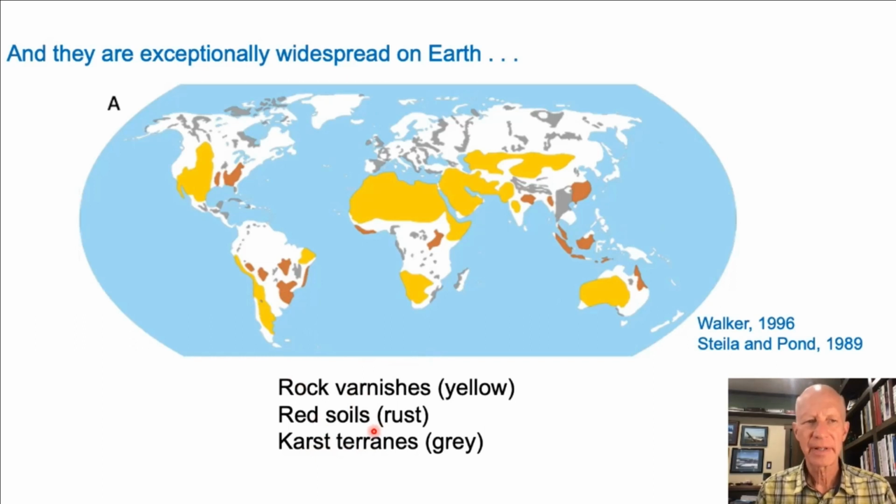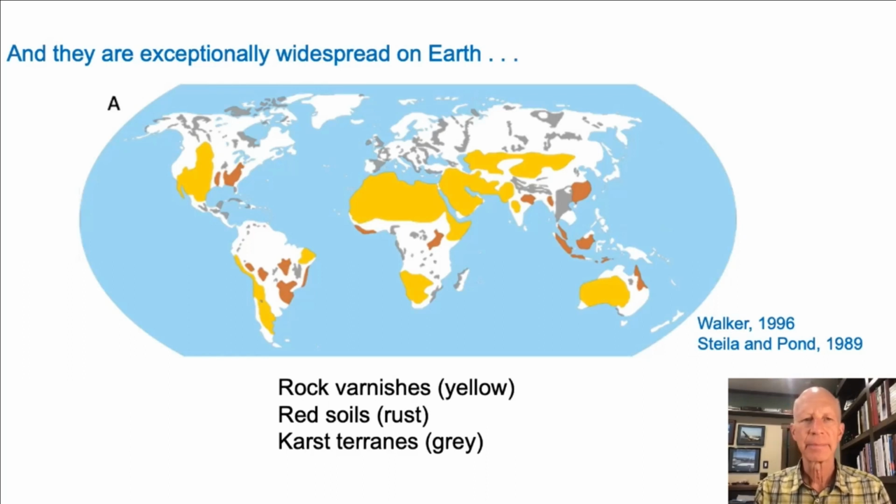There are exposures of these things in smaller places, but in places where you see color on the globe, these are really extensive, not very vegetated areas where you get a lot of exposure of these semiconducting minerals. The karst terrains are in the gray. So those are their very vast distributions.